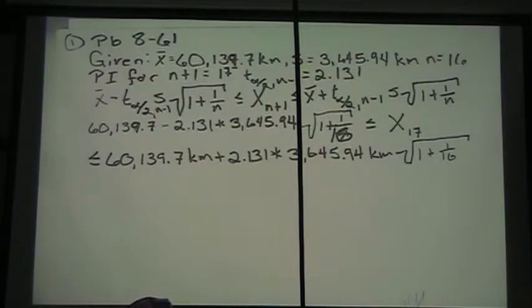Start putting in my numbers: 60,139.7 minus 2.131 times 3,645.94 times the square root quantity of 1 plus 1 divided by 16.